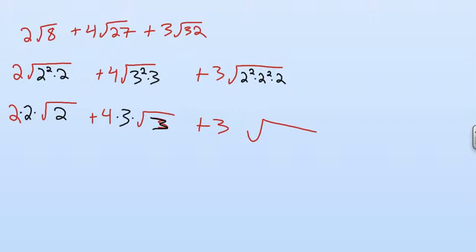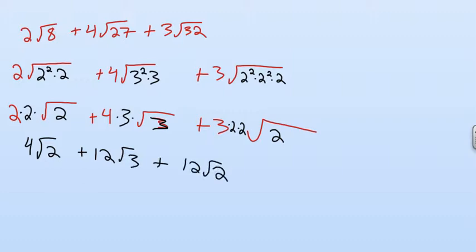And then here, 2 2's get to come out because they have squares attached to them and the other 2 stays in. So now I get 4 square root 2 plus 12 square root 3 plus 12 square root 2.